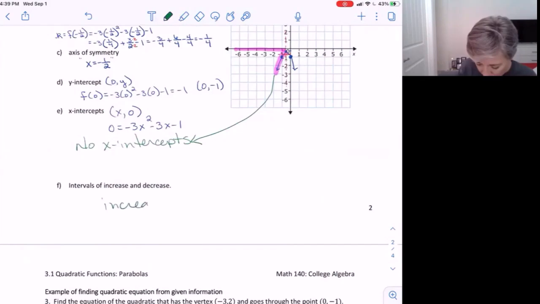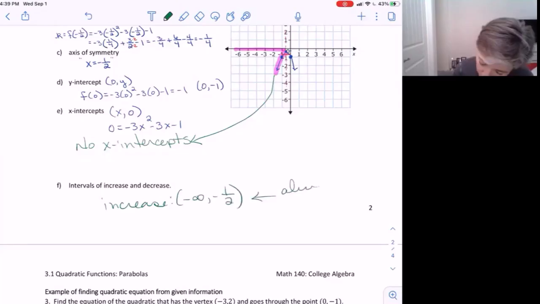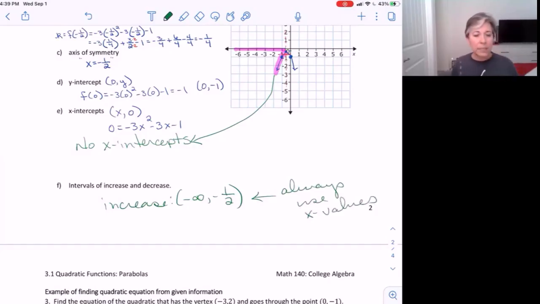So intervals of increase will be from negative infinity to negative 1/2. We're always going to use x values for both increase and decrease because it's a function. The y's could repeat, but the x's won't. So from negative infinity all the way to negative 1/2, our function is going up left to right. It's always read left to right.